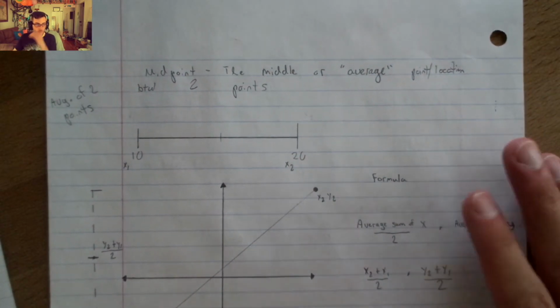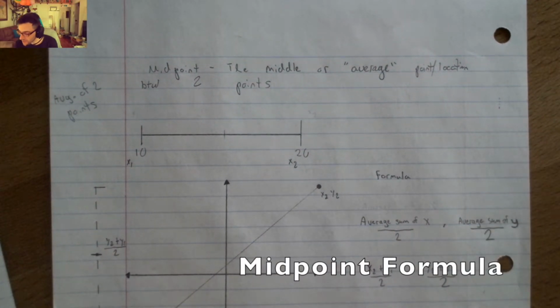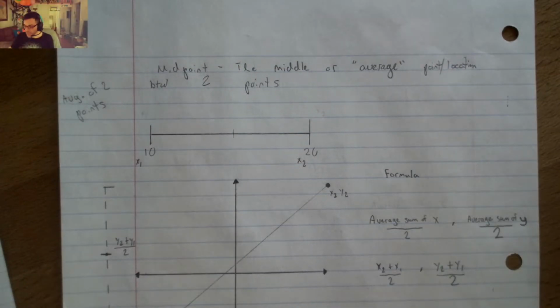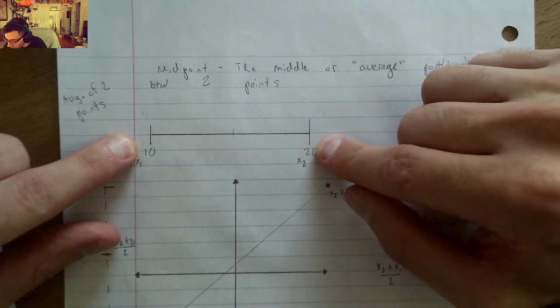We're going to be talking about the midpoint. Midpoint as a concept is basically the average between 2 points. When we're looking for the average of a set of numbers, we're adding them all together and then dividing by the number of groups that we have. Here along the top, I have a straight number line.